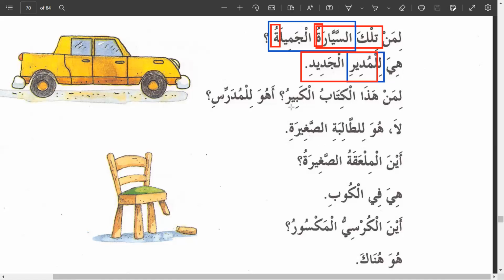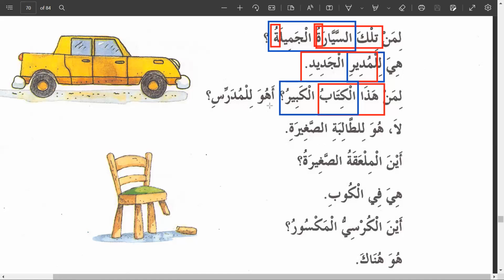Again, hazal kitabu is what fragment? Pointer. And what fragment is al kitabul kabiru? Mawsoof-sifa. Okay. So for whom is this big book?